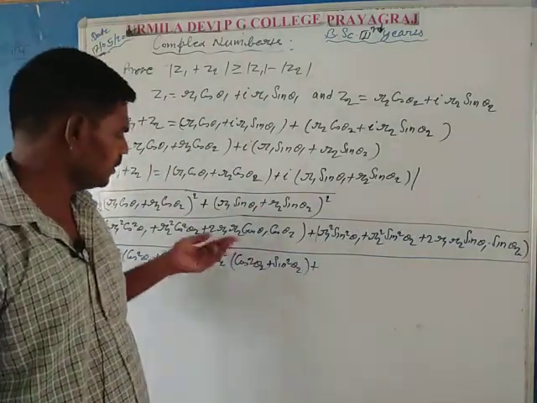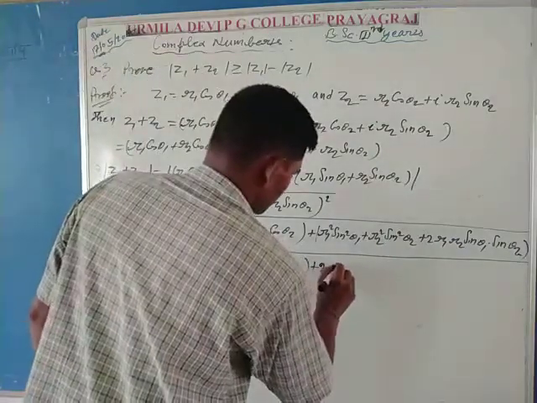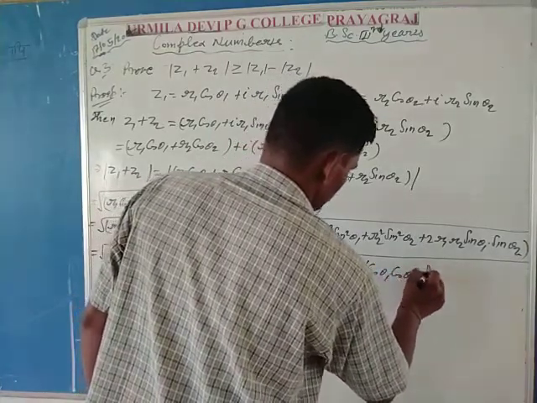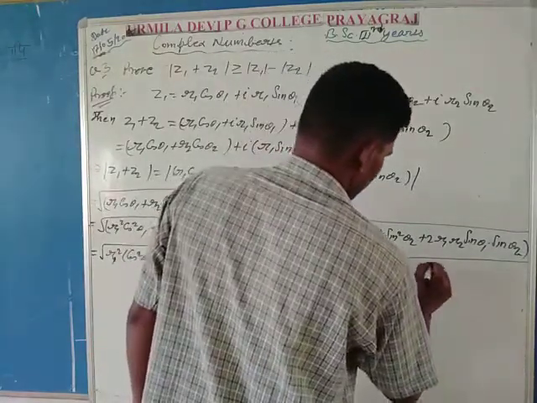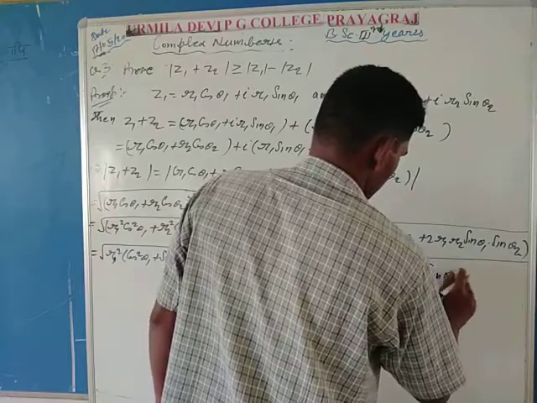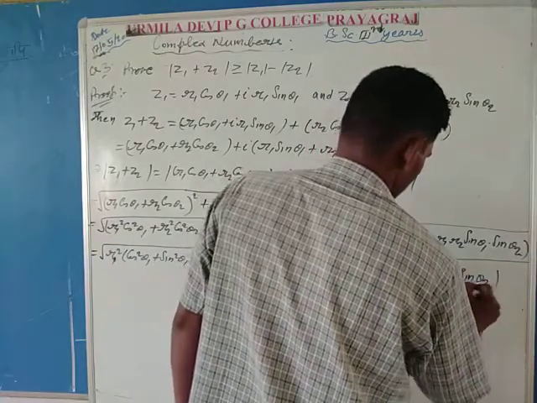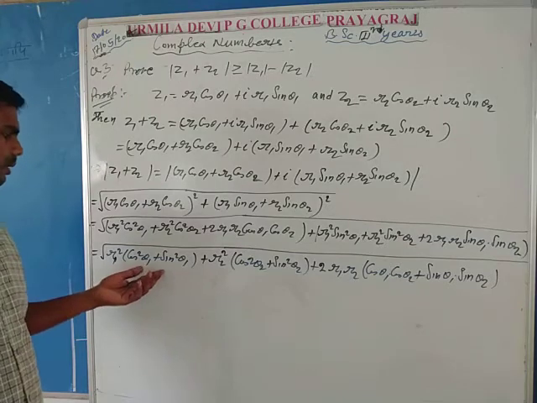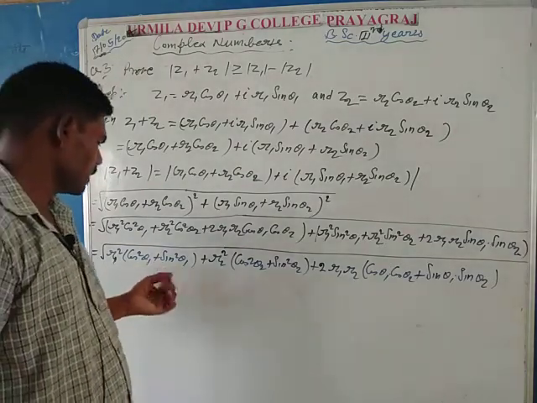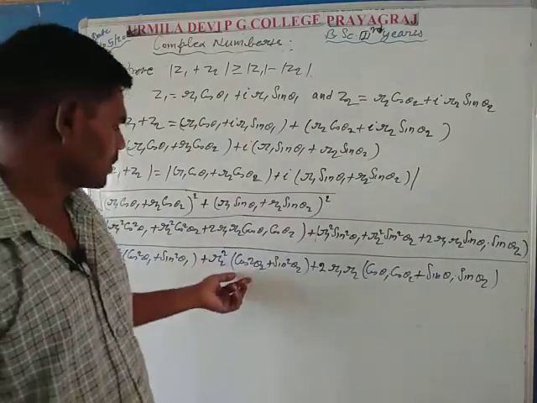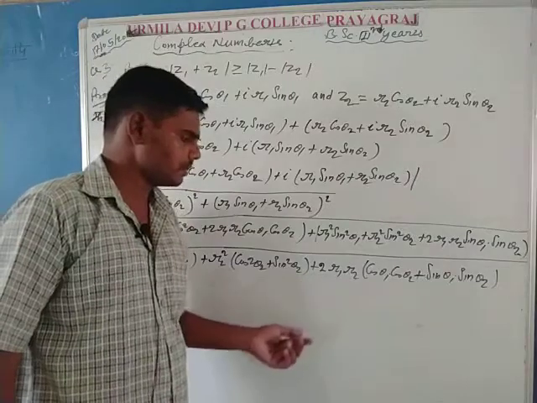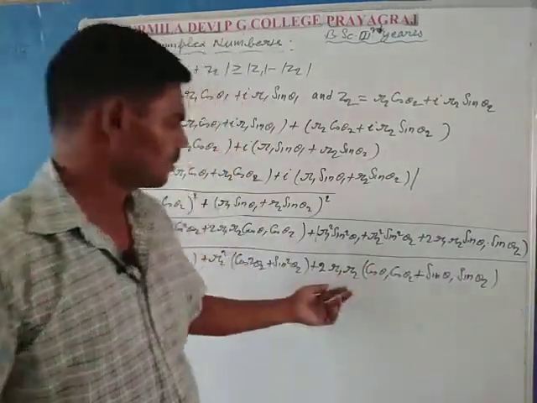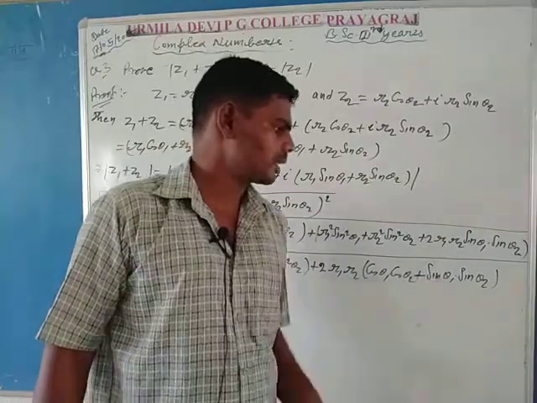At last, the third term is 2 times R1 R2 times (cos theta 1 cos theta 2 plus sin theta 1 sin theta 2).